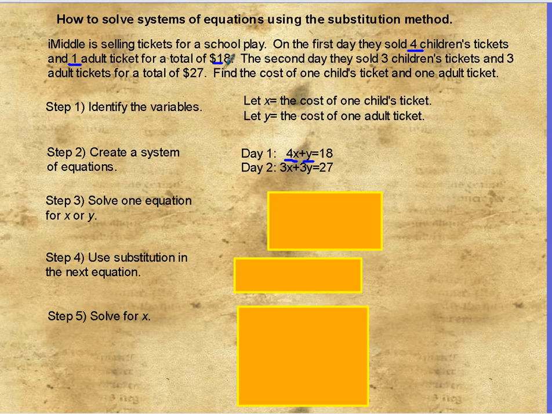So this is why we have 18. And we do the same setup for day 2. 3 children's tickets is 3x, 3 adult tickets is 3y, and our total is $27, or 27. Now we need to solve one equation for x or y.